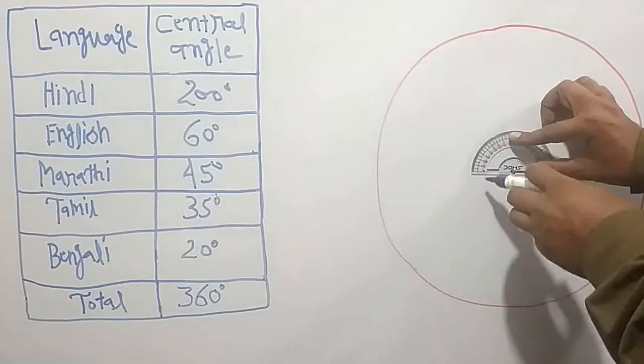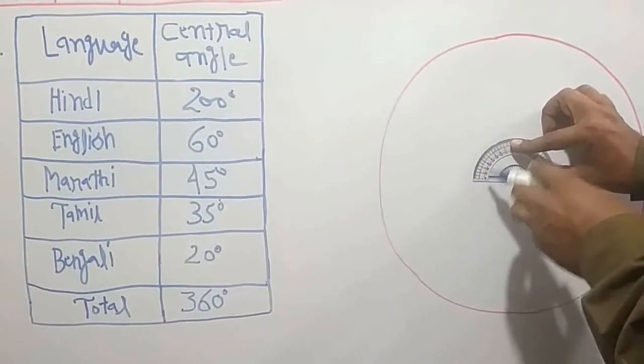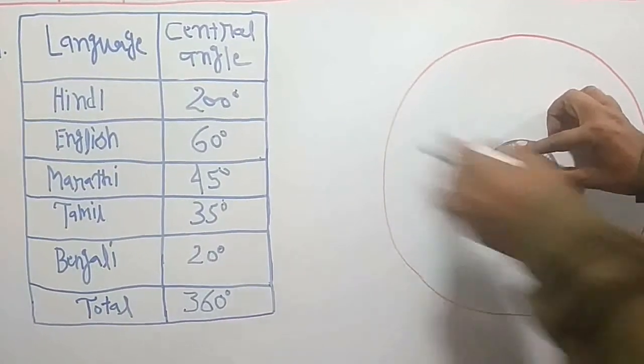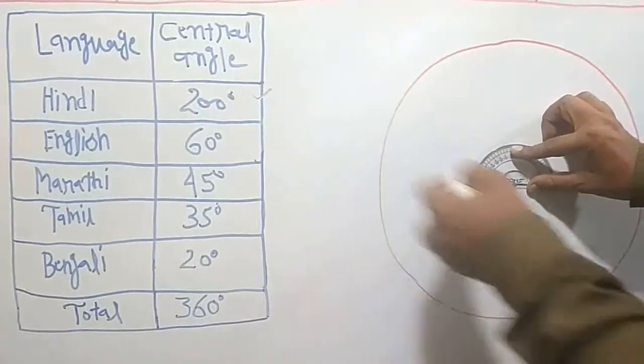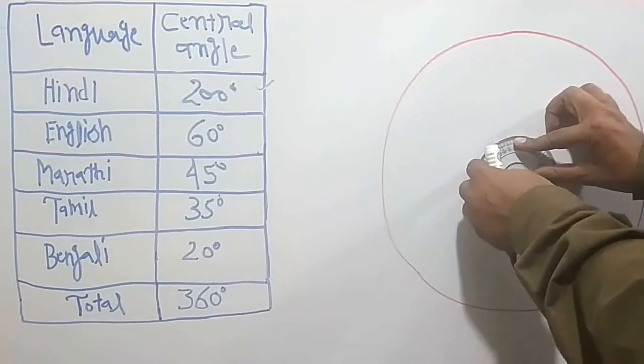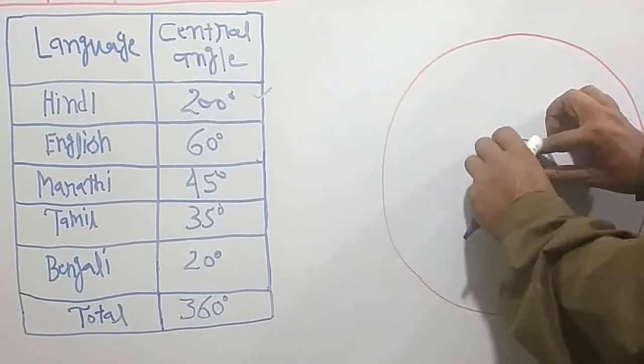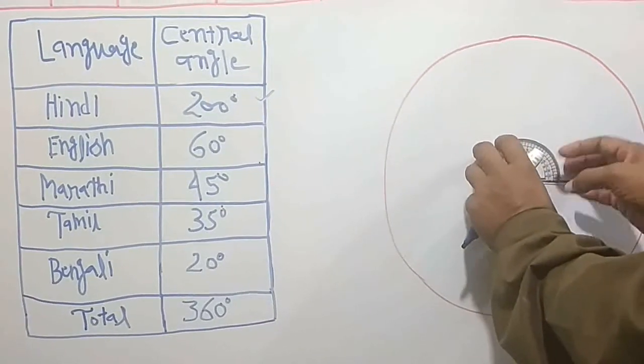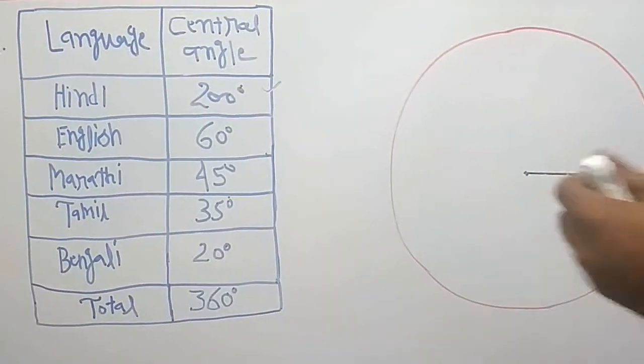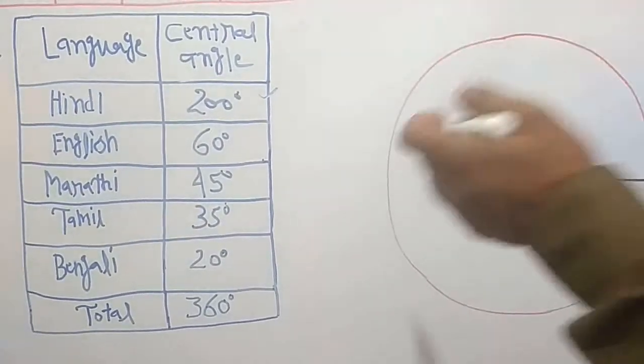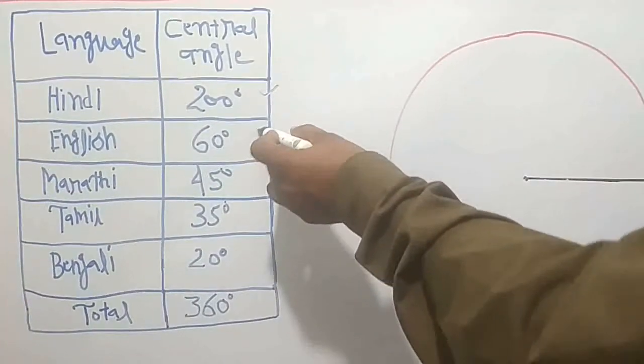But in our protractor the highest angle is 180 degrees. 200 is not possible to draw with the help of this protractor. So what do we do? We draw this angle last.